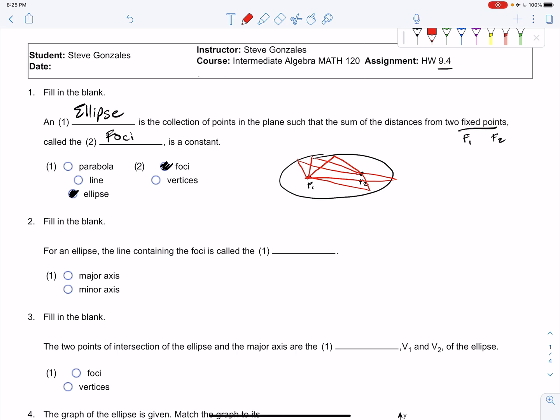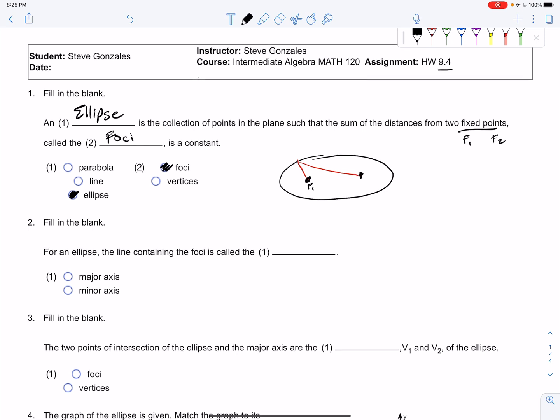One of the cool things about the ellipse is that, for instance, they say in the Oval Office, if you find the foci points, you can whisper, and the sound waves from your mouth are going to perfectly bounce against that curvature and go to the other focus point, and vice versa.